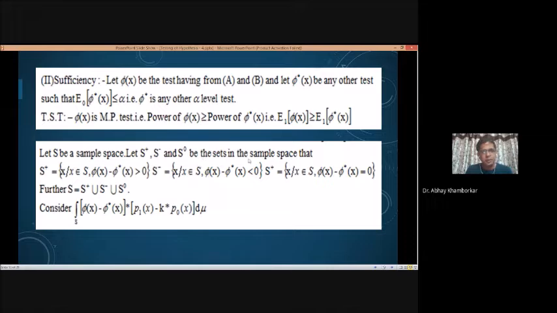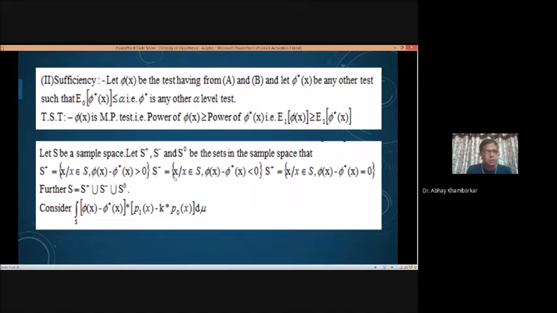Be the sets in the sample space such that S plus, कैसे define कर रहा हूँ, देख लो. S plus is equal to all those sample values x, of course, belonging to S, because S plus is a subset of S. So S plus must belong to S, and where phi of x minus phi star x is greater than 0, right? So this is the way we are going to define S plus.